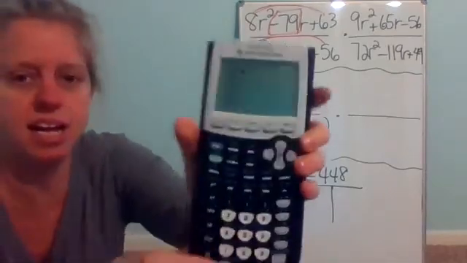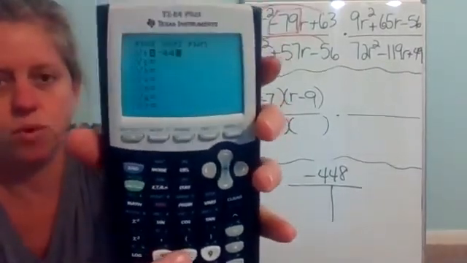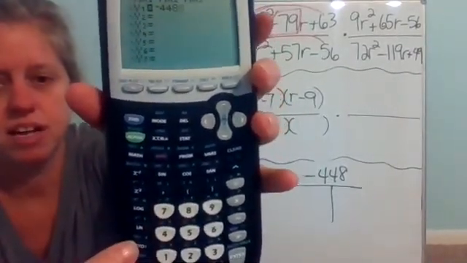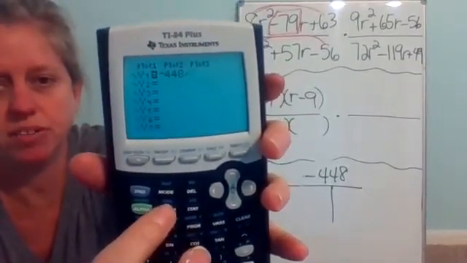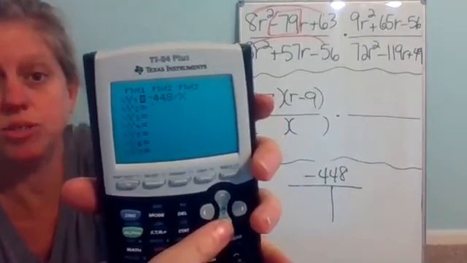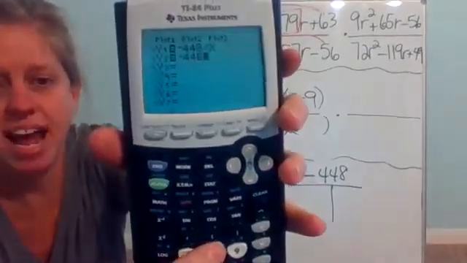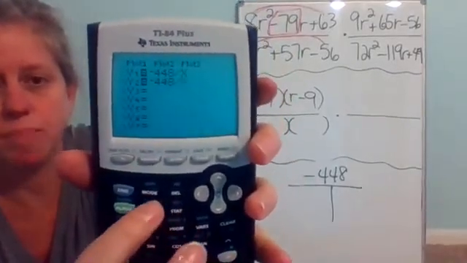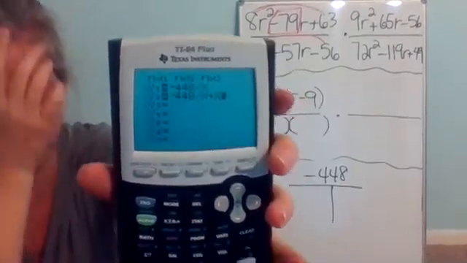So I'm putting in, again, -448. So don't forget your negative. -448 divided by, then hit your X button, this one right here. Then go down and do the same thing. -448, divided by X, and then remember you're going to throw in a plus X.